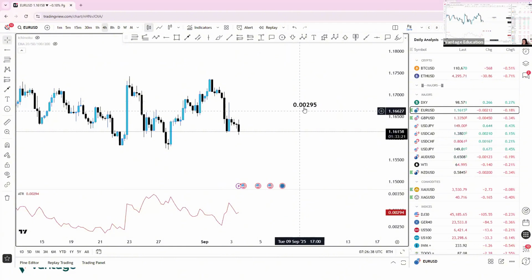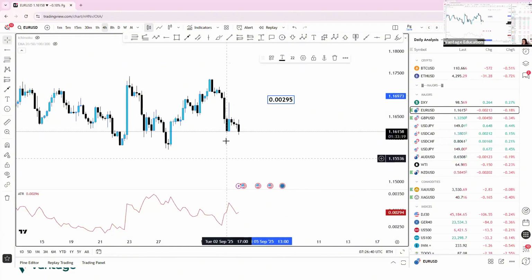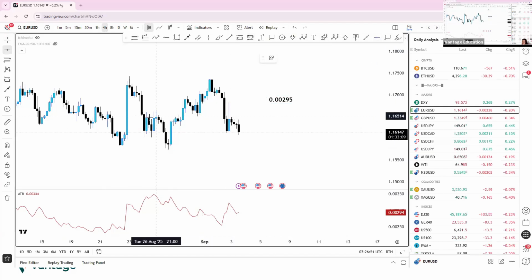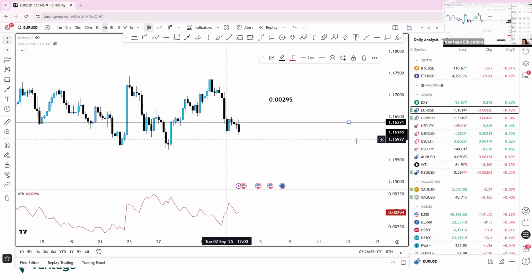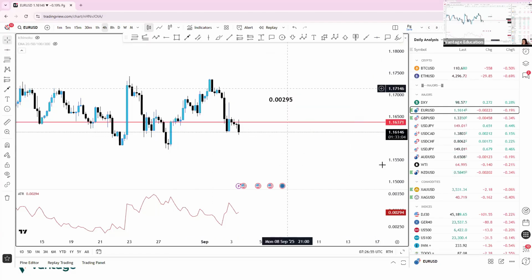0.00295. Okay, 295. So let's say we sell here at the resistance level.